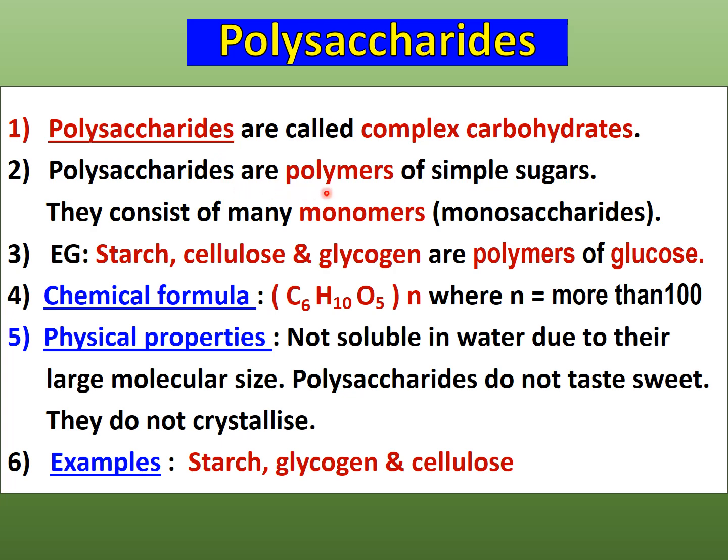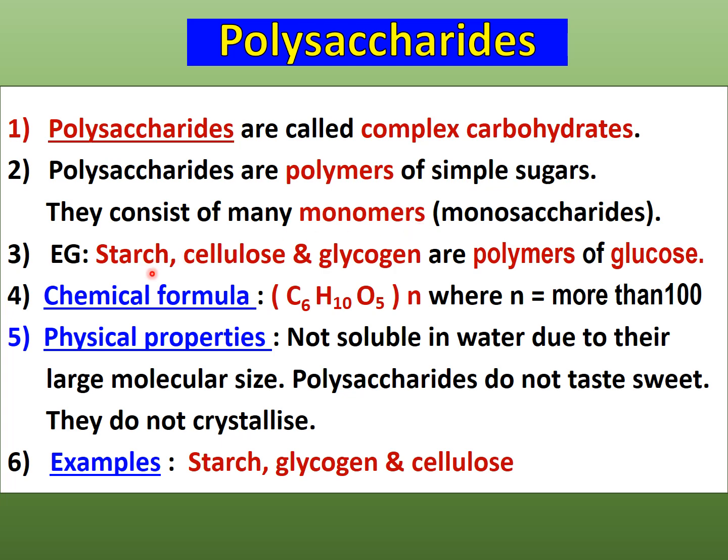So polysaccharides are polymers of simple sugars or polymers of monosaccharides, such as glucose, meaning that they consist of many monomer units. The same monomer is joined together to form a long chain of the polymer.